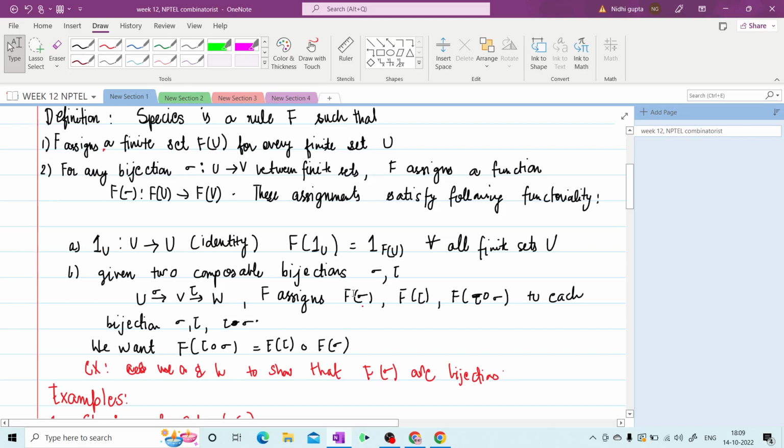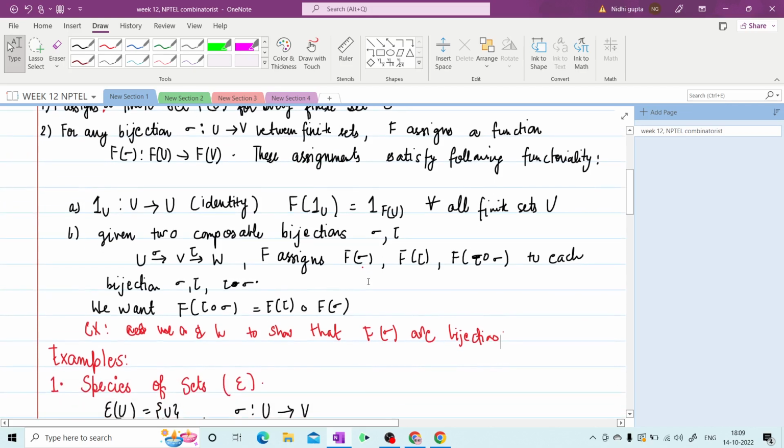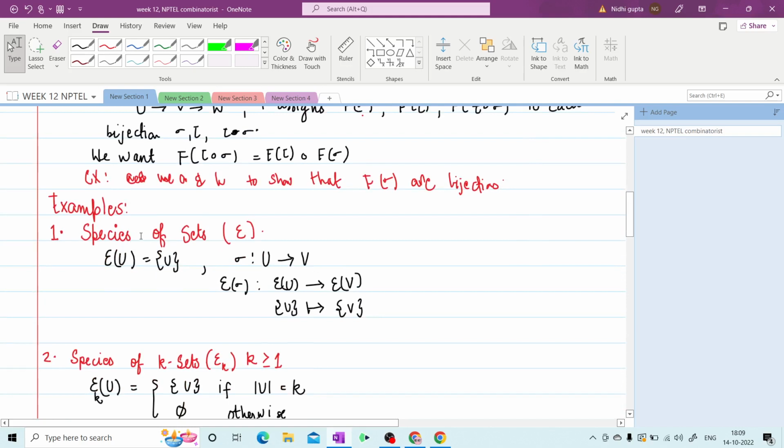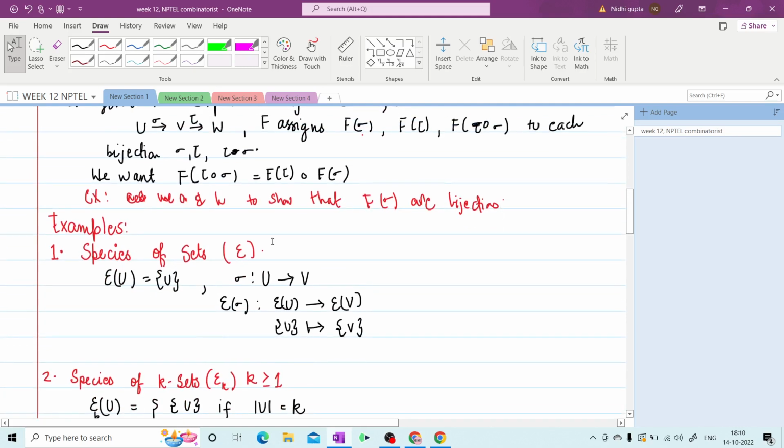Okay, now to make it clearer, let's look at some examples. So first, the simplest example is the species of sets, which we will also denote by epsilon. So first of all, if a species is a rule, we need two assignments. We should assign some finite set to each finite set, and secondly we should also assign some bijection to each bijection.